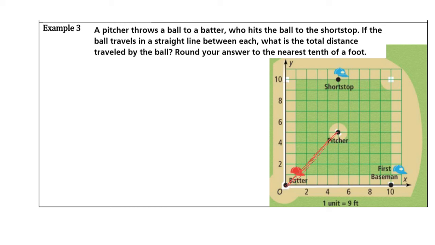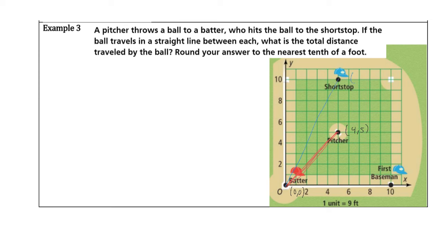Our pitcher is at 5, 5. I'm going to write it in black so we can see it better. Our batter is at 0, 0. Then the next one we need to find is from our batter to shortstop, because he hits it there.